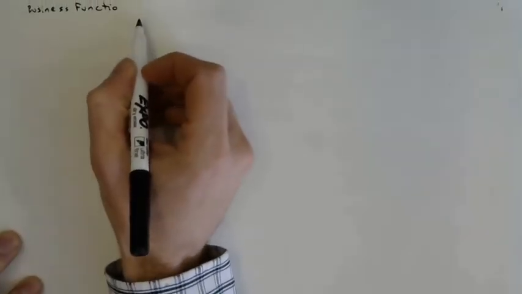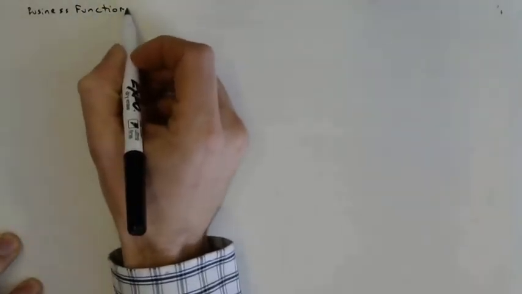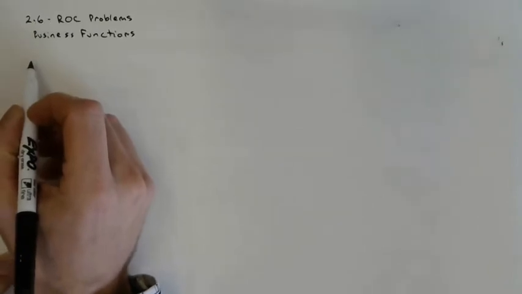But before we go, we're just going to take down a couple of notes on mostly terms and terminologies. So this is, I guess, derivatives of business functions, or we can just call it business functions. It's lesson 2.6, called rate of change problems, and some business functions.